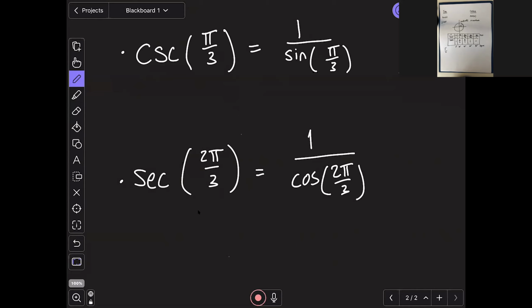So how are we doing so far? What do we think about this first one? Everybody check in with cosecant yet?